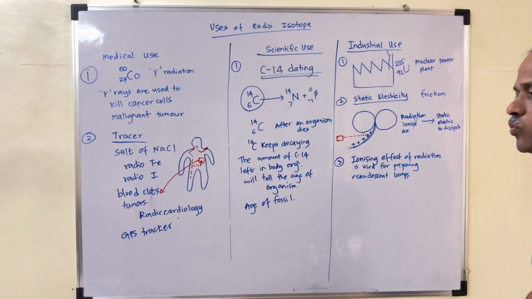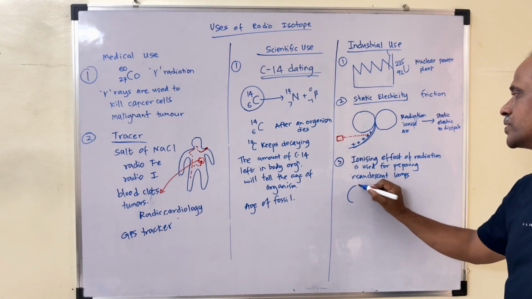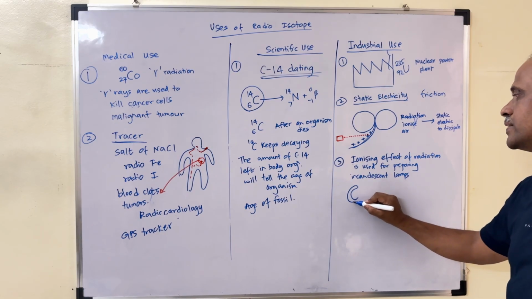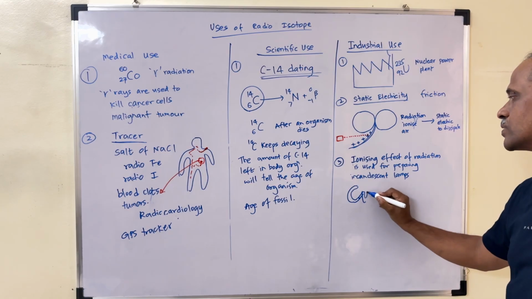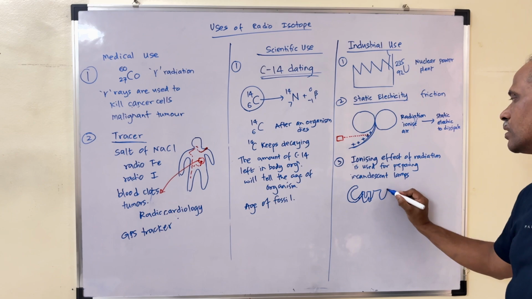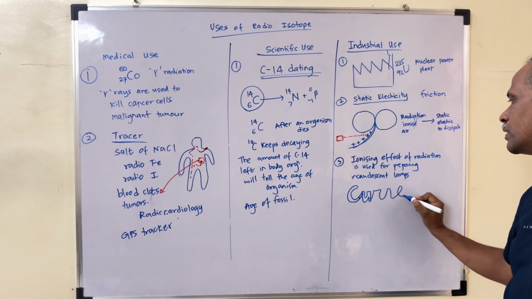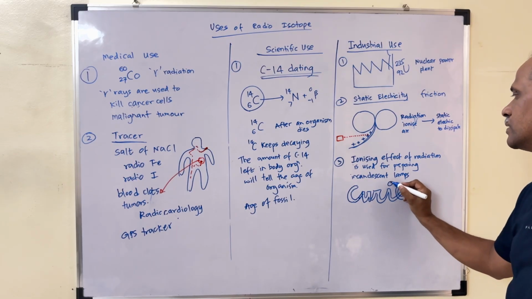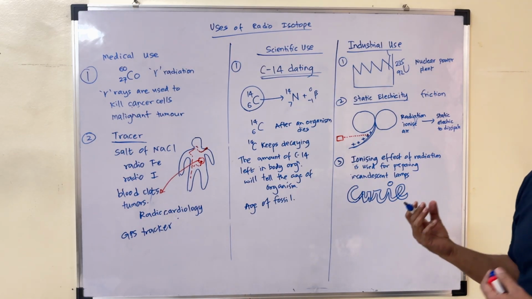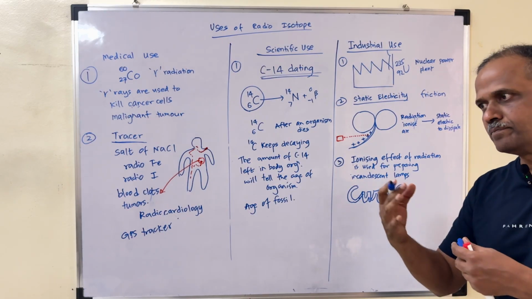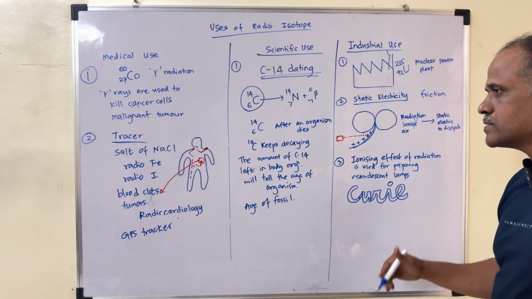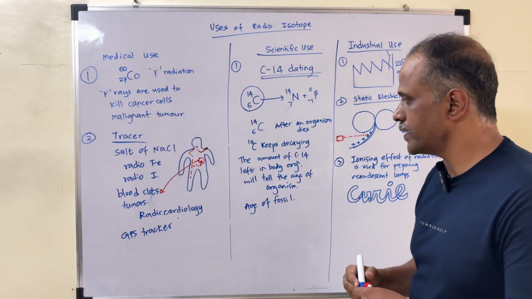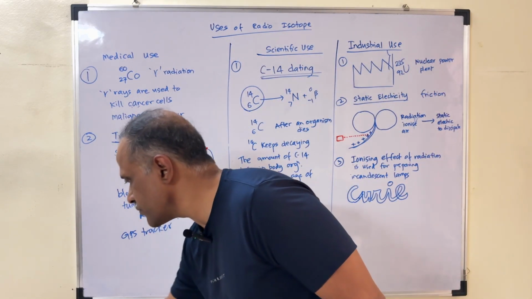Incandescent lamps means you might have seen those very designer lamps in shops. Those lamps are incandescent lamps. These lamps which you might have studied glow during the night, similar to neon lights. Now this was the ionizing effect of radiation.